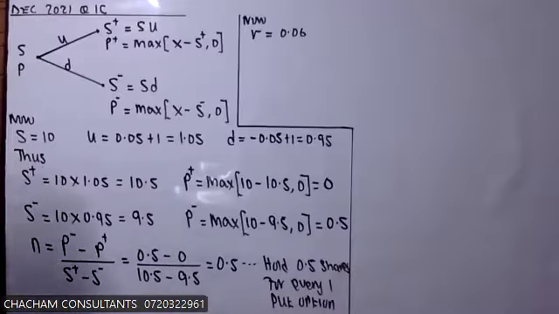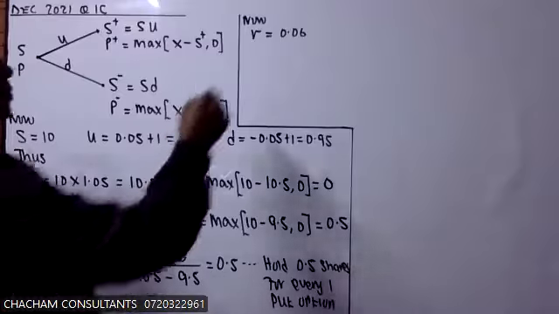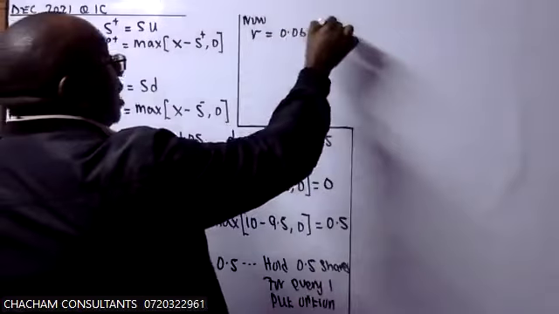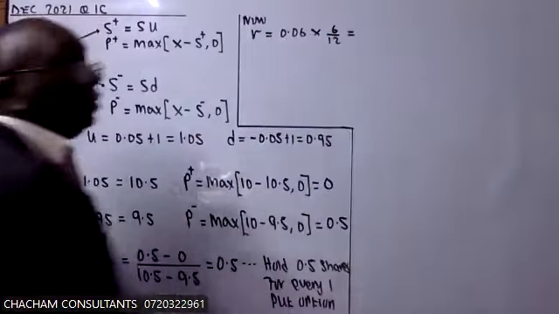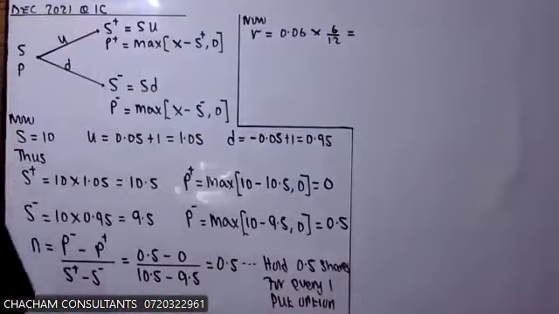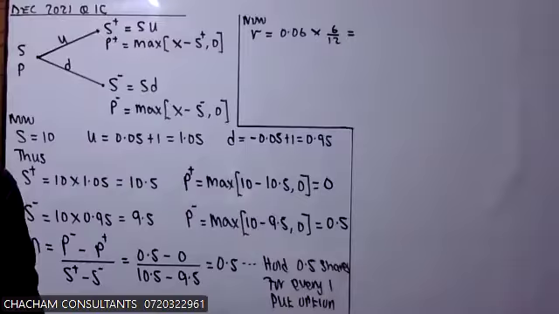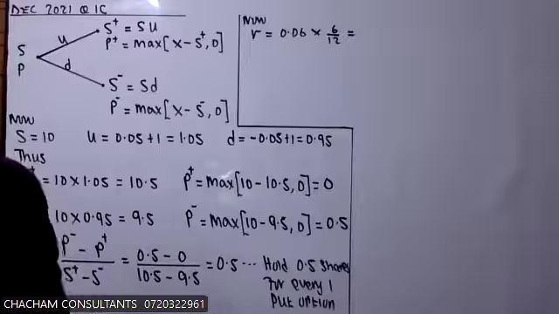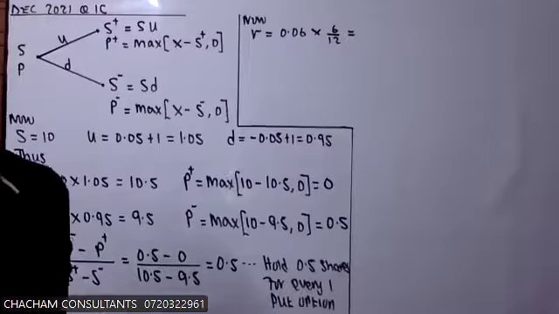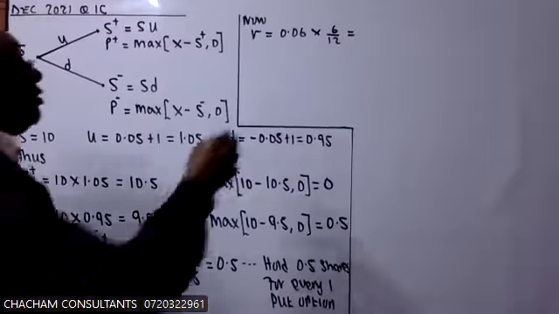And because you are dealing with half a year, 6 months, this one you must multiply by 6 out of 12. When you multiply by 6 out of 12, what do you get? 0.03.